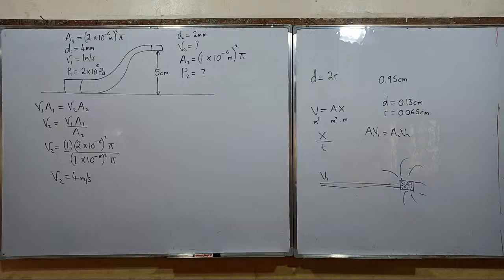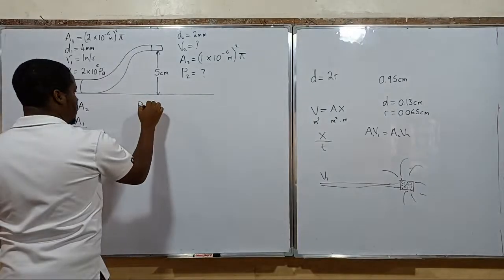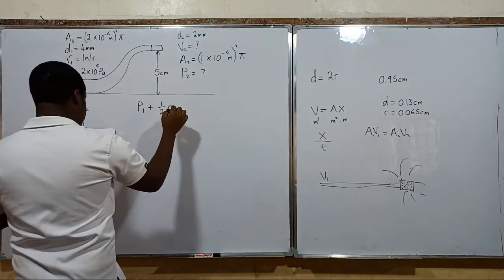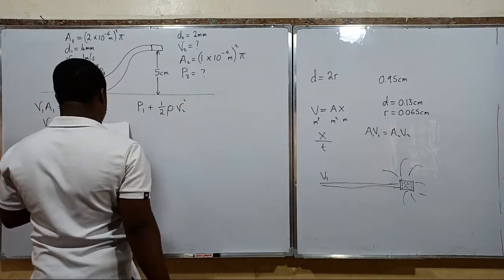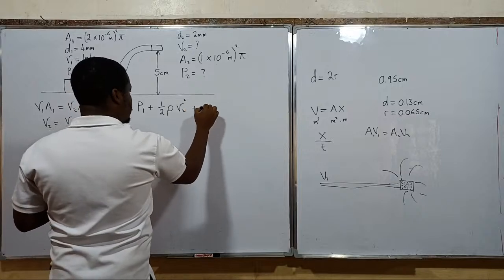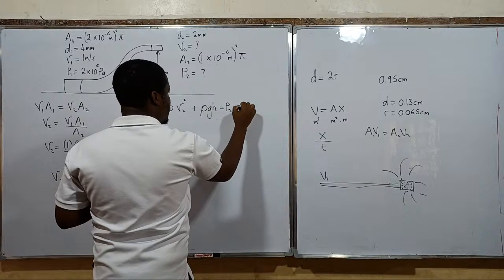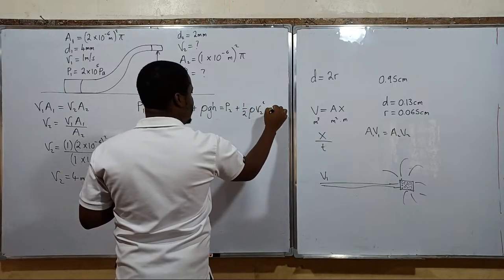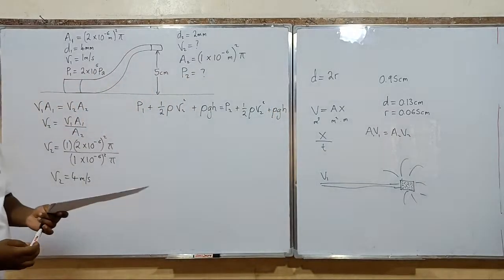Bernoulli's equation is given as P1 plus half rho velocity squared plus rho gh, which is equal to P2 plus half rho velocity squared plus rho gh.